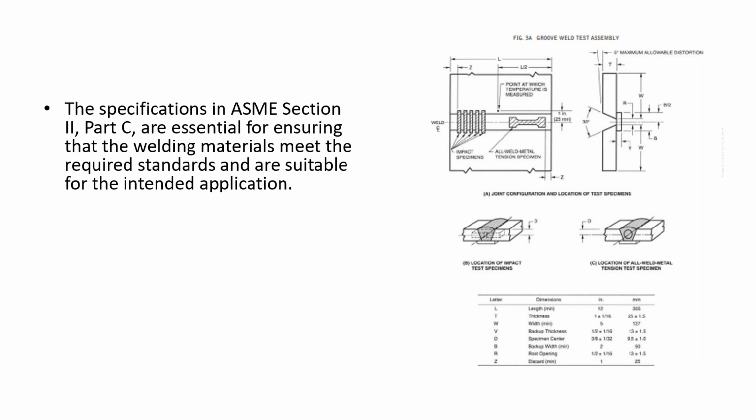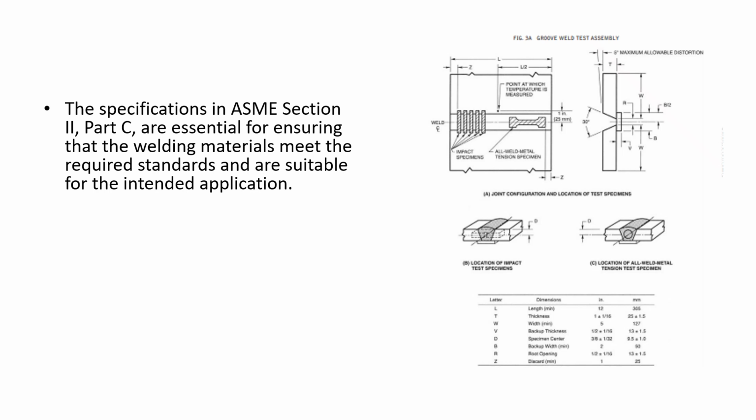So in ASME Section 2, Part C, these specifications are really important, if not essential, for making sure that the welding materials meet the required standards, and that they're suitable for the intended application.